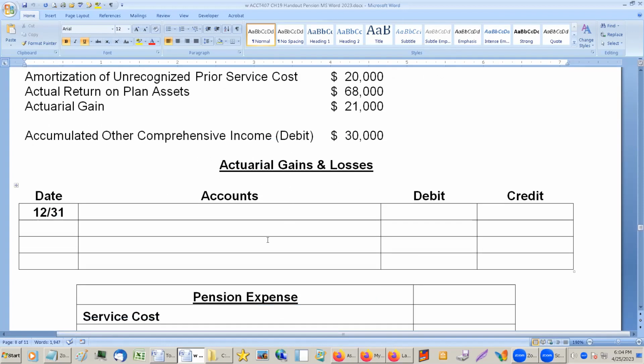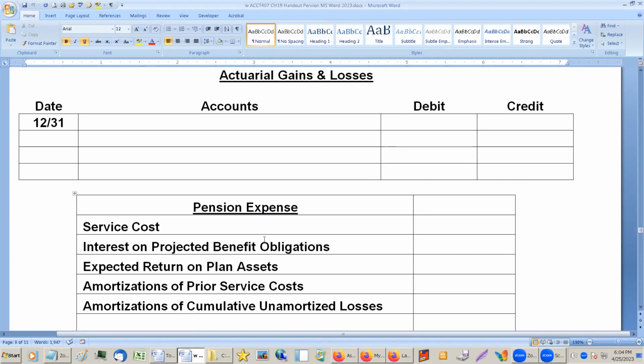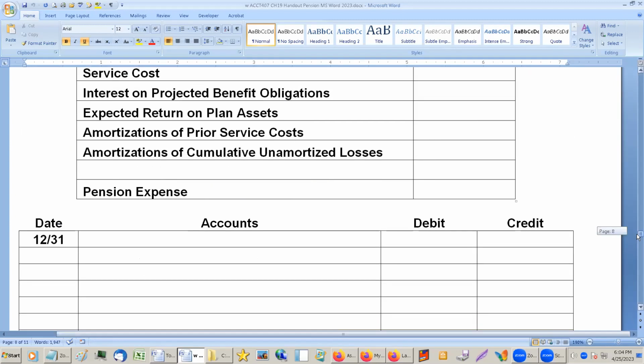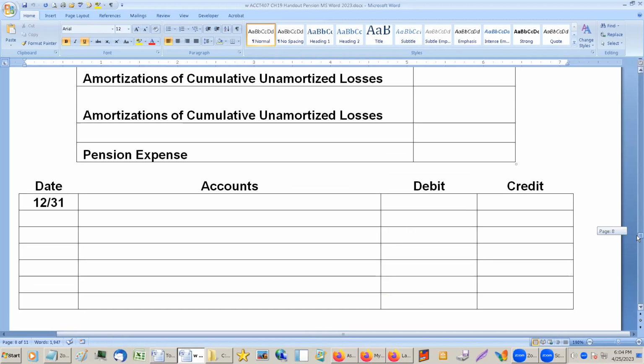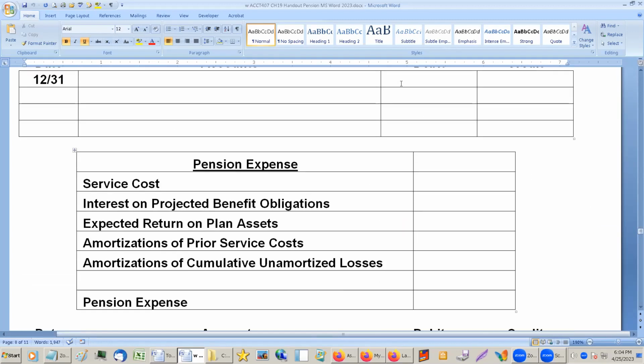And by the way, this pension stuff is difficult, but at the same time, the thing you've got to keep in mind is it's kind of like putting money into a piggy bank that someone's drawing out. You put the money in the piggy bank so that you can pay your retired employees, and you have this liability that is retired employees.